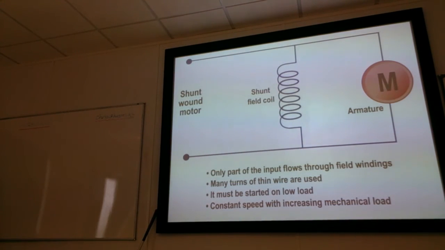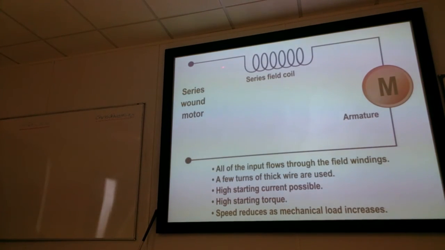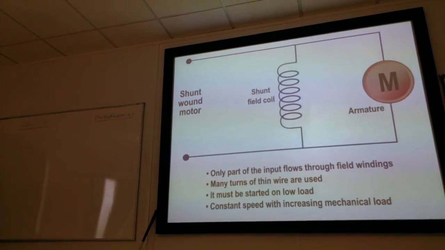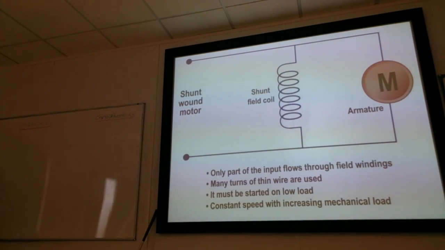So Chris, sorry, I missed that. So the shunt field coil, the difference is that it's in parallel? Yeah, a series coil is in series, a shunt coil is in parallel. So you can call it a parallel wound motor or a shunt wound motor, it's the same thing. Can we relate that to the original picture of the motor?